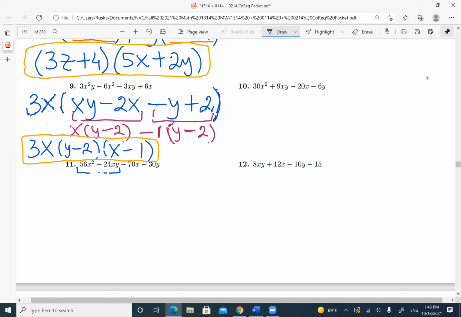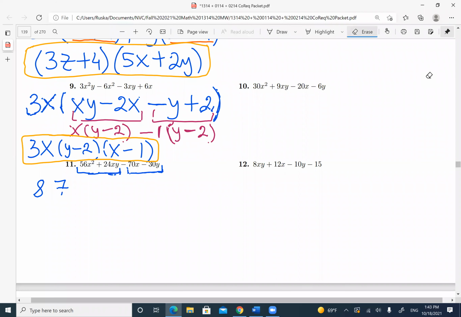So in the first group, what is the common factor? Looking at the numbers 56 and 24, what are they divisible by? 8. 8, that's right. So I'm gonna pull out 8, and then what is left? 7. And actually not only 8, you can pull out what else?